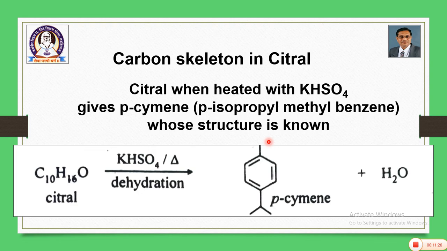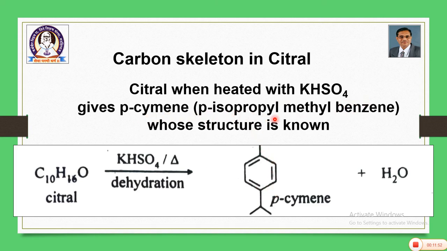Then let us see regarding the skeleton of citral. So, citral when heated with potassium hydrogen sulfate, KHSO4, it is a known reaction. Potassium hydrogen sulfate gives paracymene. Paracymene is a known structure. So, citral when heated with KHSO4 gives paracymene.